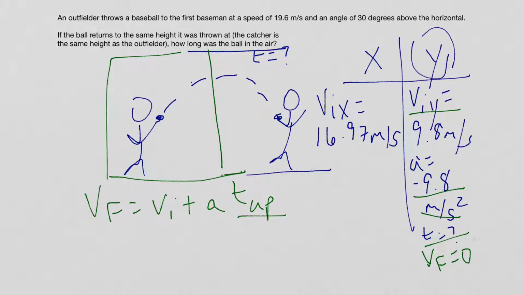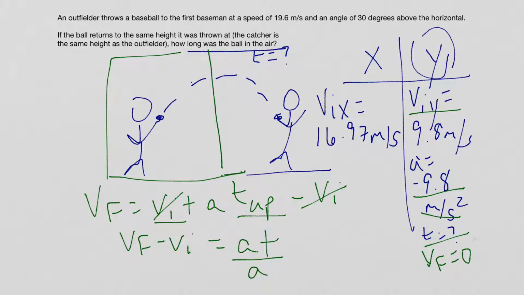So we can solve Vf minus Vi is equal to A T. All I did was I subtracted this term here, and it gets you this. Then you divide by the acceleration on both sides. So then T up is equal to Vf minus Vi divided by A.